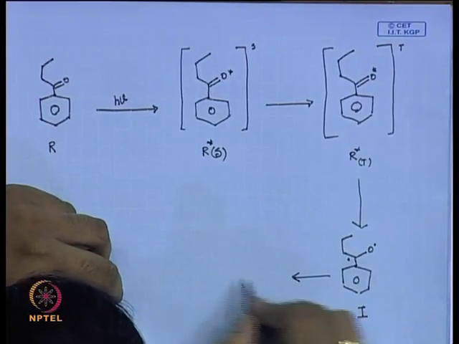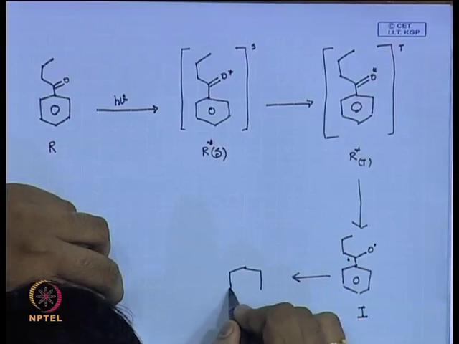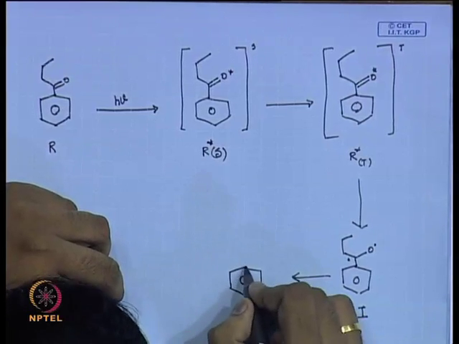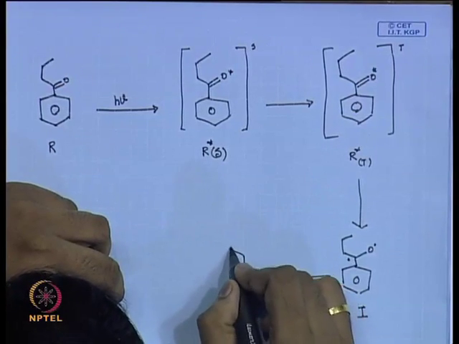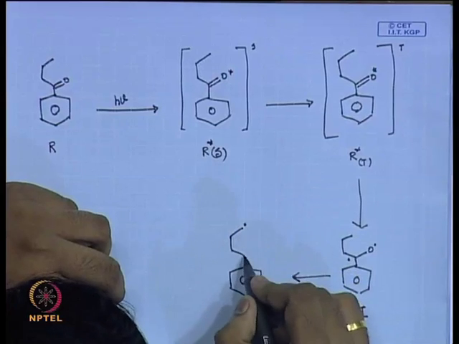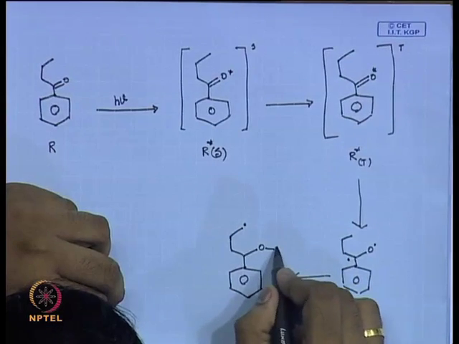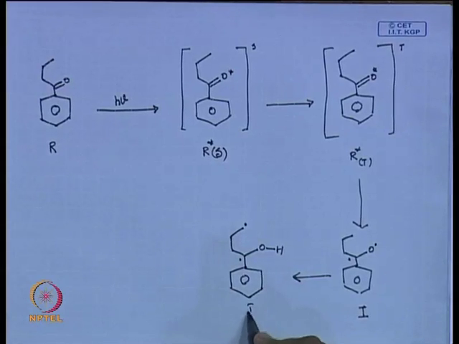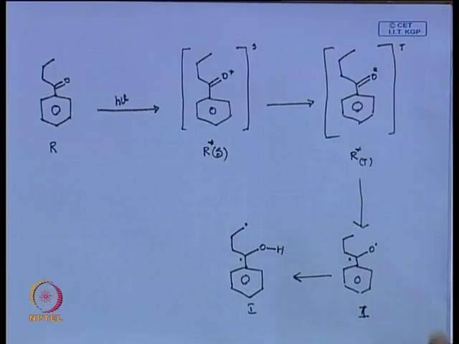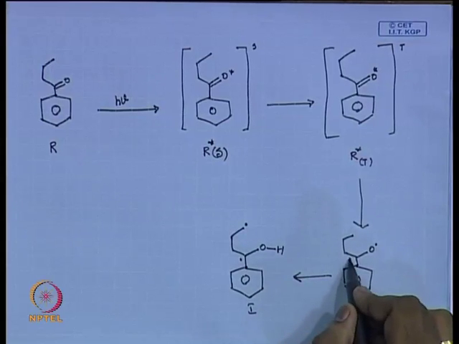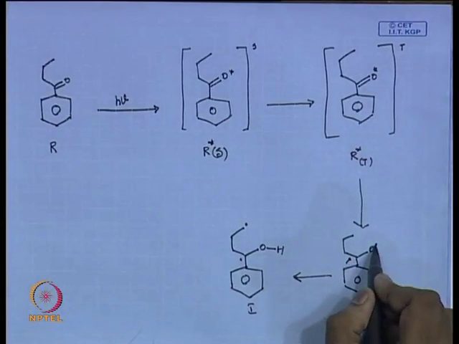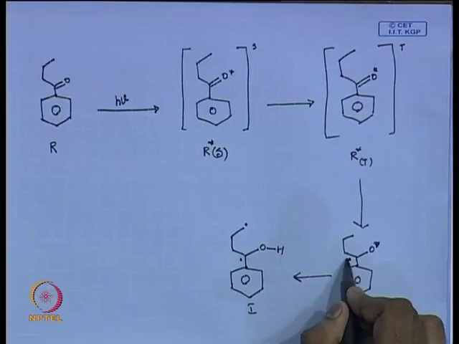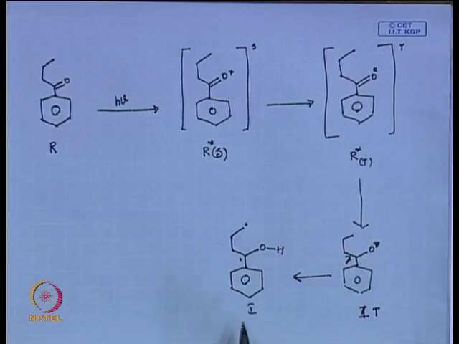You can make this as your I. So, you can make this as your I, not this. This will be happening in your triplet state itself, right. This you can call as a triplet spin. If I put the spin, then it will be a triplet. So, you have your I now.